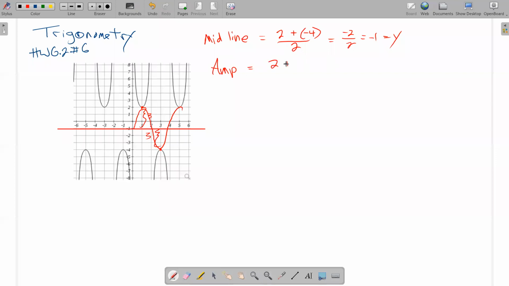So if I take 2 minus -4, cut that in half, that's 6/2, and there's that 3 I observed in the graph. So that's the vertical stretch. And since this is centered on that vertical asymptote, y equals 0, there's no phase shift on this thing right here. So again, I'm seeing that this is related to the sine, which means it's a cosecant.